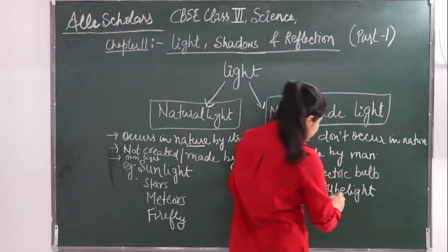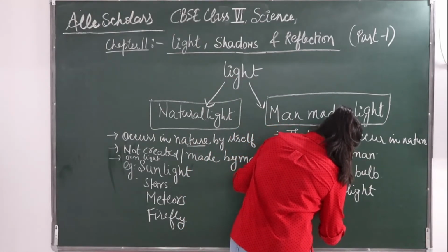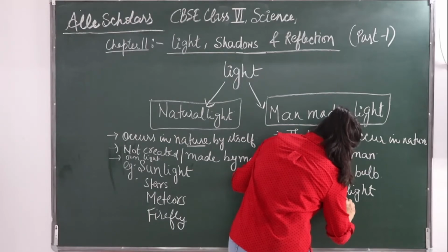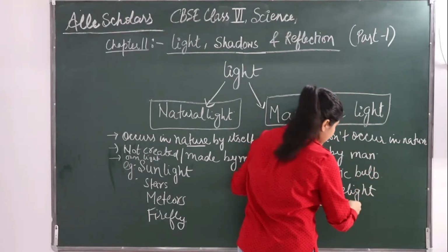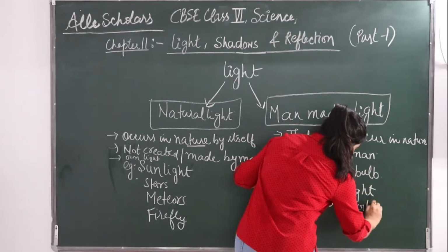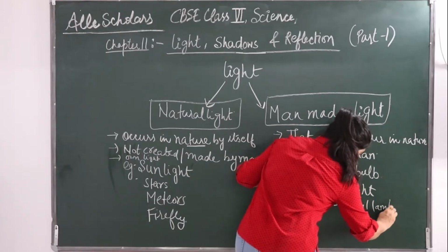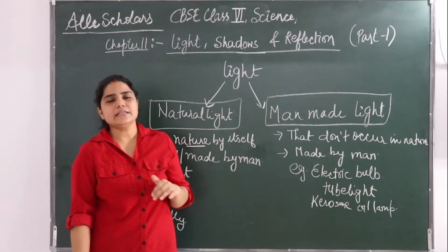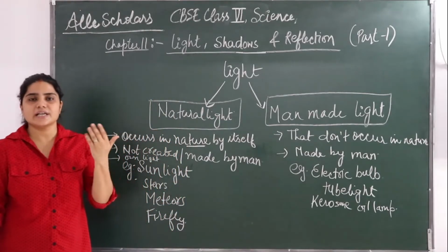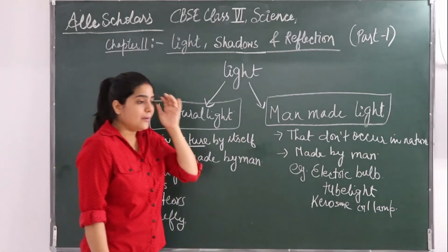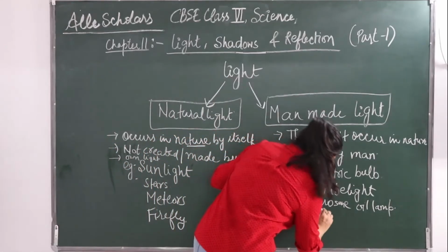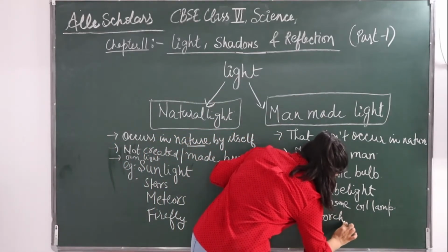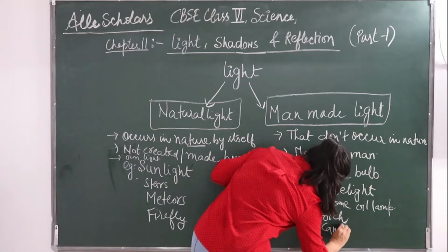Basically we are able to see by them also, but it is not natural, it is not occurring in nature. If we talk about torch, candle, all these do not occur in nature, these are being made. So all these are man-made lights, torch, candle, etc.